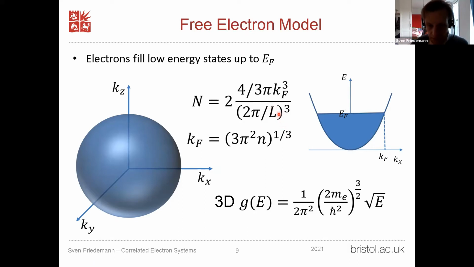Now, L cubed is of course nothing else but a volume, and hence we can divide both sides of this equation by the volume. So that makes it disappear on the right-hand side, and will turn the left-hand side into a capital N divided by V, which is the number of electrons divided by V, and hence that's actually equal to a particle density, an electron density in real space.